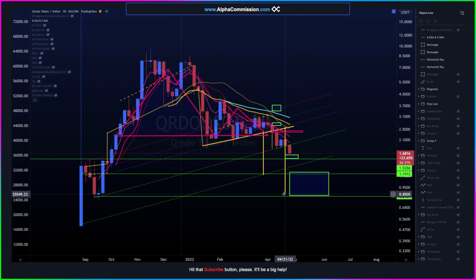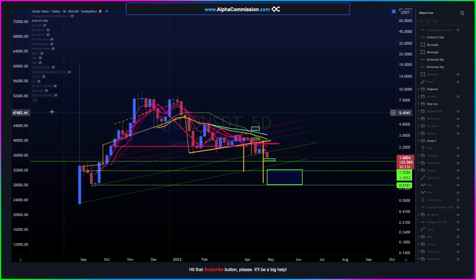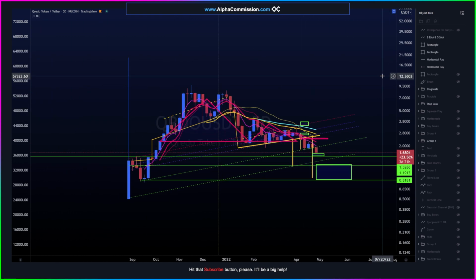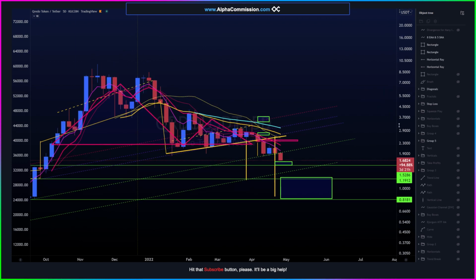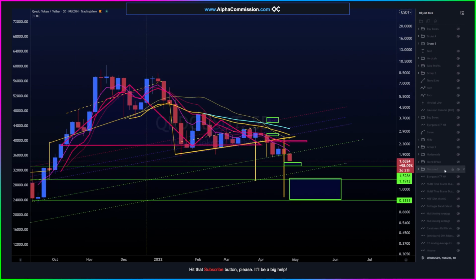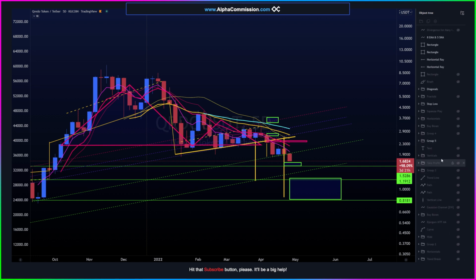And hopefully we never break under this area because it's going to get pretty ugly underneath there, potentially. Let's see. Don't really need any of these other things.